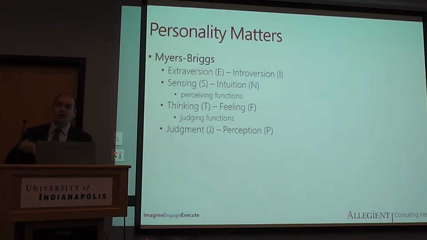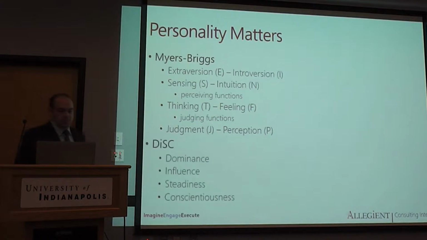If your last criteria comes back a P for perception, then what you present to the outside world is your perceiving function, the sensing or intuition. So if somebody is an S and an F, sensing and feeling, but then they are a P for perception, then they will display themselves to the world like they are about data, and they are about understanding what they're seeing in analysis.